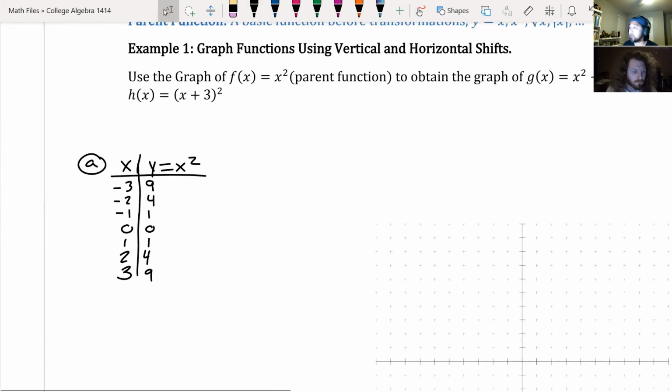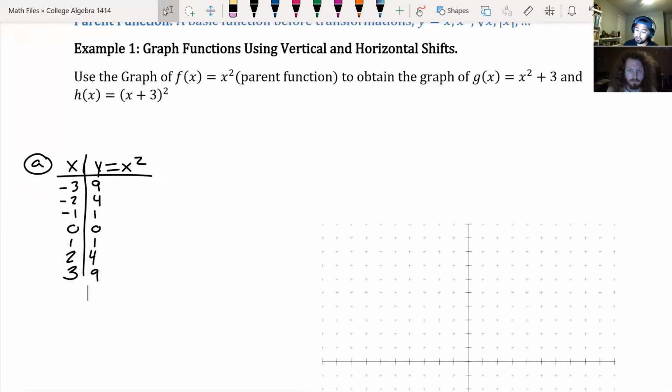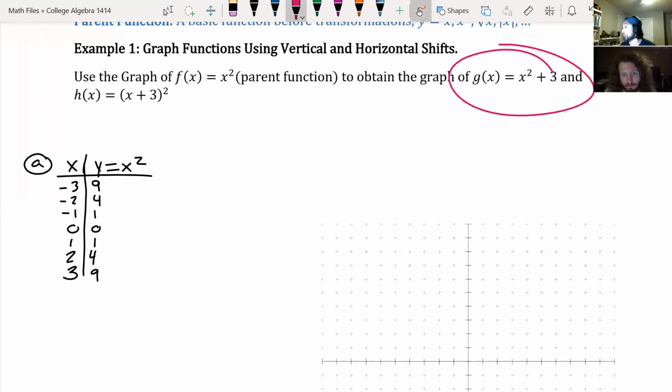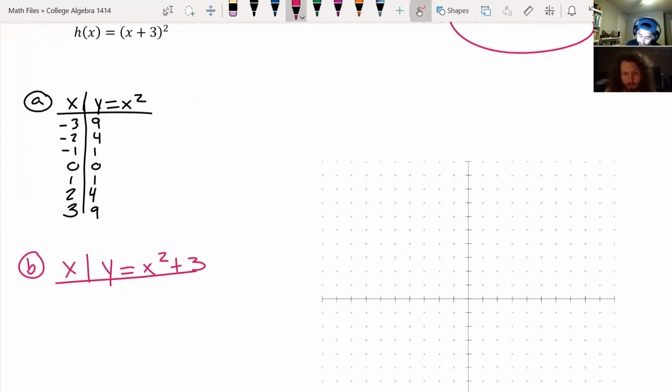Now, let's go ahead and make an XY chart for the first transformation we see. They give us a transformation of x squared plus 3. This is going to be a vertical shift up 3 units. So we're going to call this one B. We're going to have x and y equals x squared plus 3.